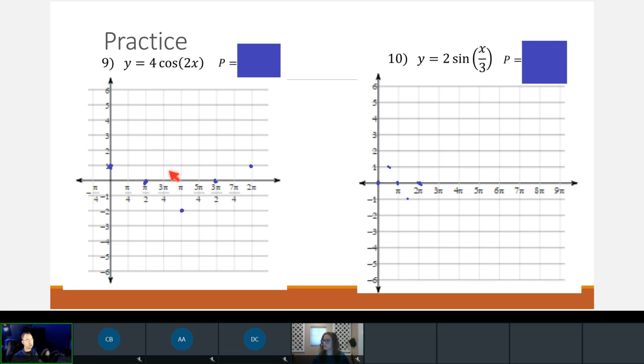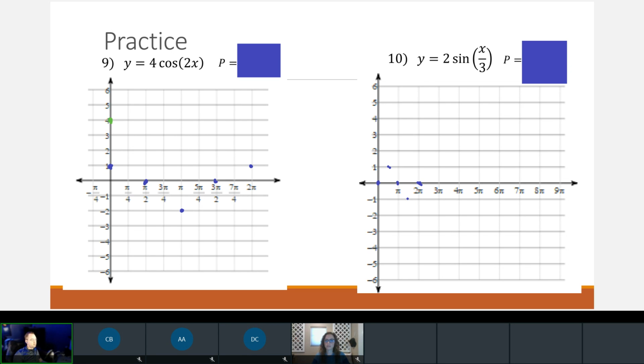Oh, wait, no, I'll use this gold color. Or yellow. I'll use yellow. That's easier to see. So our amplitude changes from 1 to 4. Oh, I'm not using my pen tool. Let's try that again. All right. So it changed from 1 to 4.